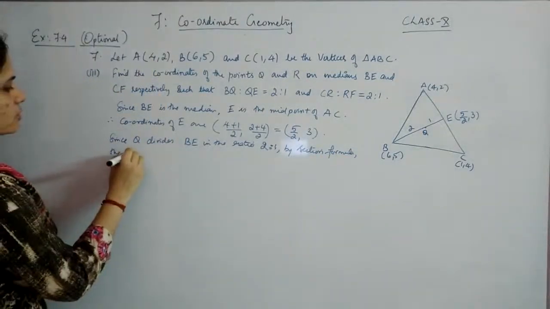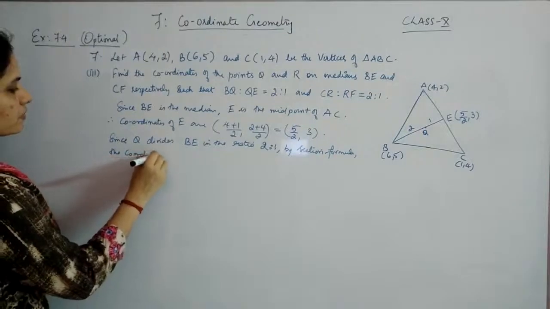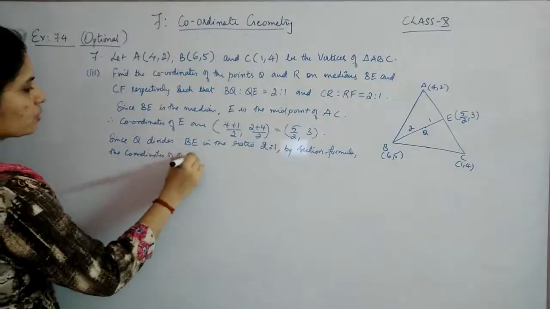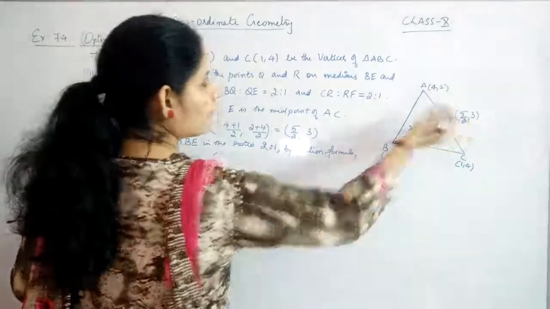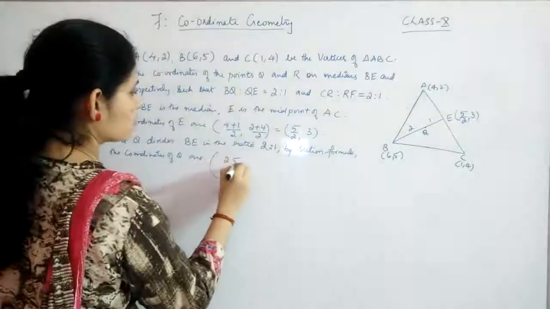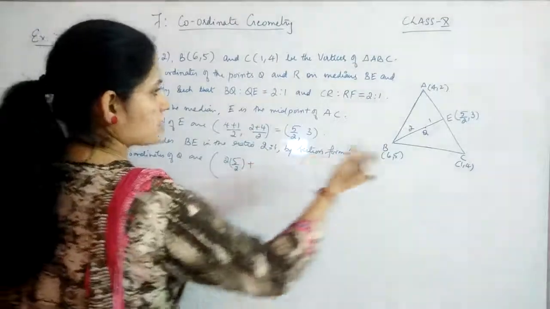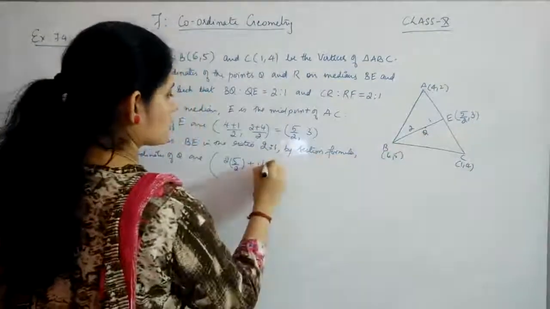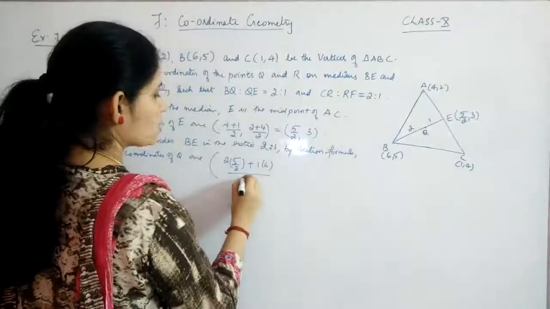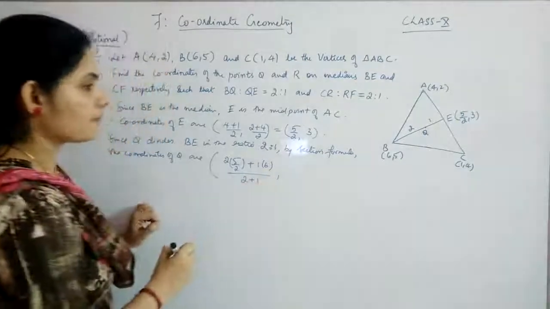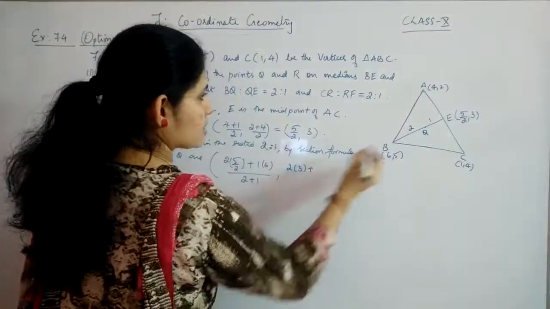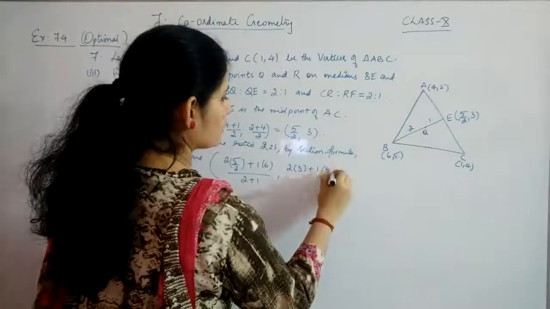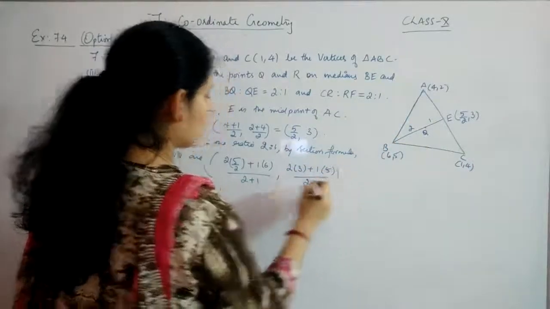The coordinates of Q are, how will you find? 2 into 5 by 2 plus 1 into 6 divided by 2 plus 1, comma 2 into 3 plus 1 into 5 divided by 2 plus 1.